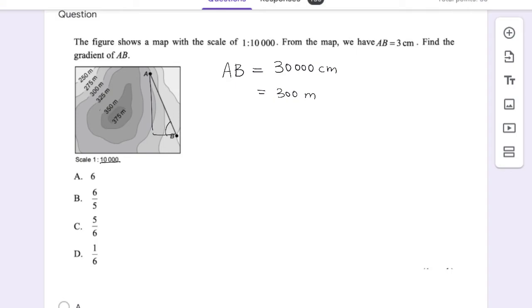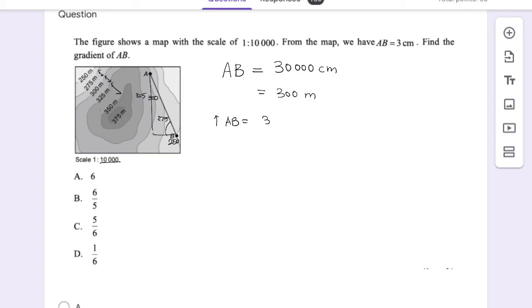And then for the vertical distance, you can count it, will be like this. This is 350, 375. Well, this one 325, this one 300. And this one will be 275, and this one 250. The difference between the contour lines is a constant, so basically just do the math.